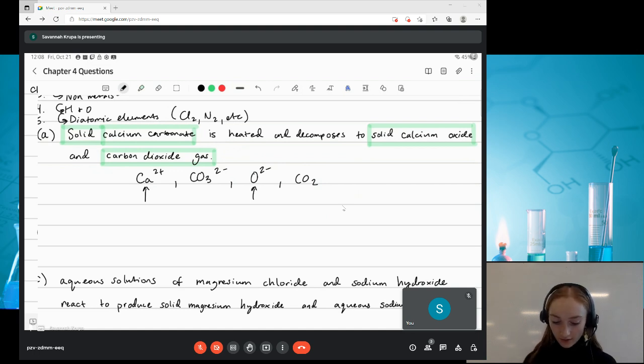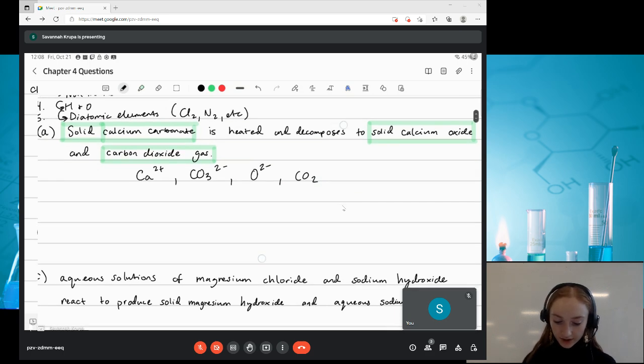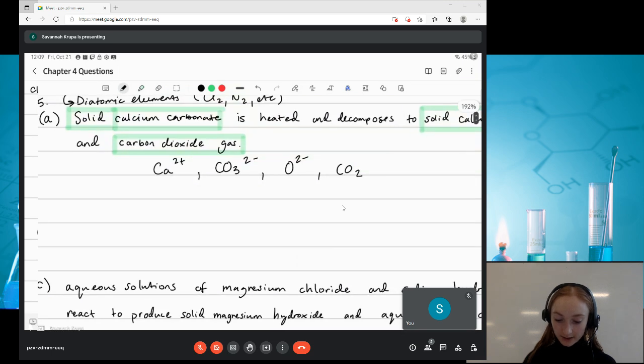Okay, so that's all of what we have in terms of each ion or compound we're working with. Since we're starting with solid calcium carbonate, we have a calcium and a carbonate here.